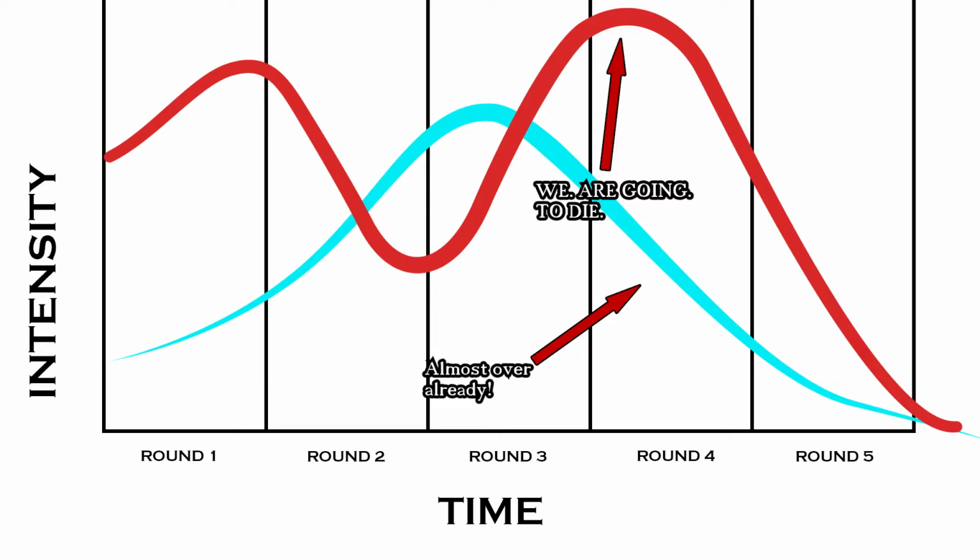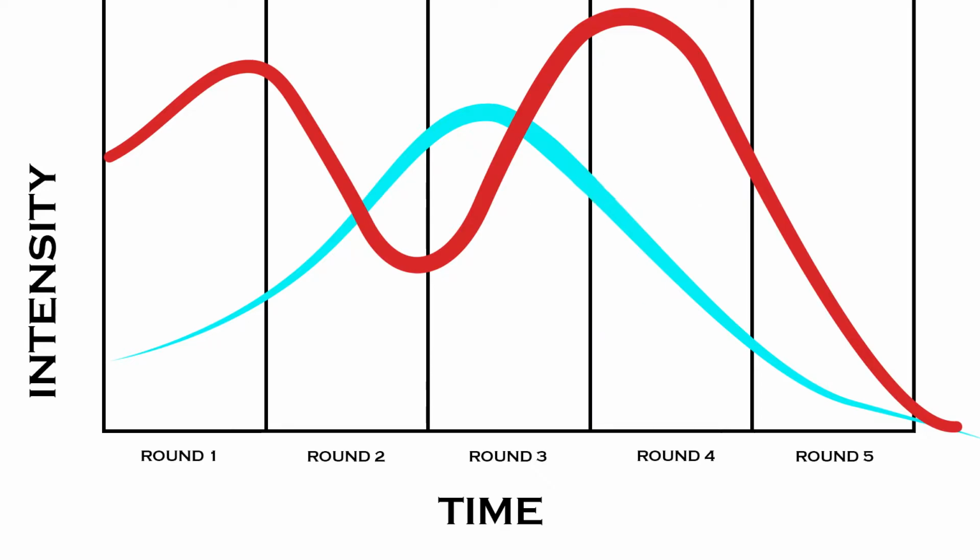This is the top point of the fight, and at this point the players feel like we are going to die. This is the point when the players feel absolutely out of their depth, right before they start to get a handle on the fight again, and it begins to decline.